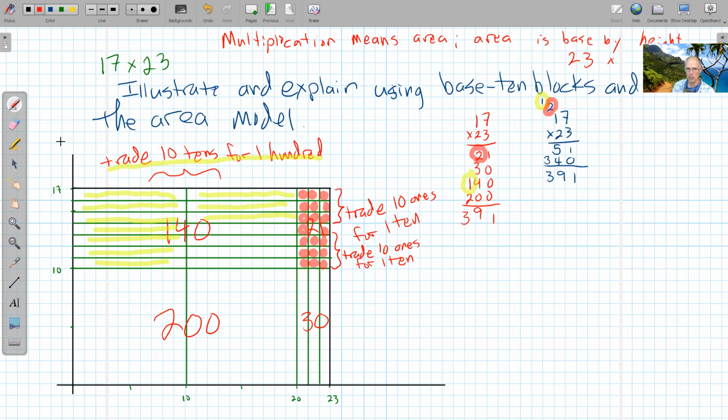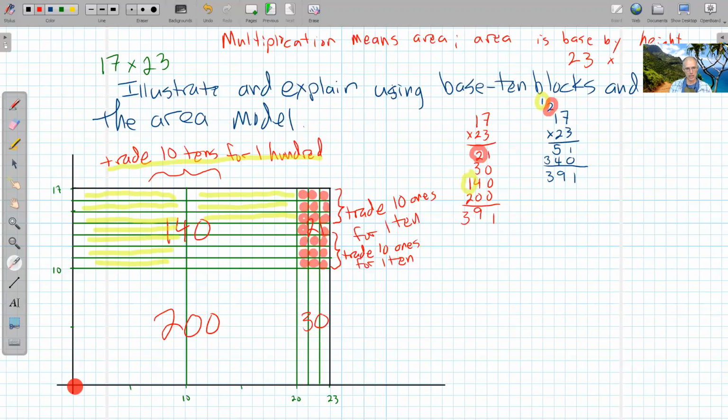And that's okay. So if you do 17 across the bottom, then you have kind of like a flipped image of mine. It shouldn't matter. But the image will look slightly different. So the way these images work is I measure out 17 in one direction. I measure out 23 in the other direction here. And I have to mark off the 10s and the 1s.